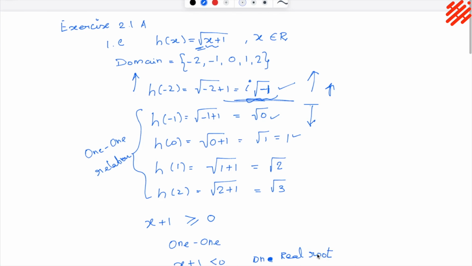So that is not under the function. Whenever the x plus 1 term is greater than or equal to 0, the term obeys the rules of the function and it is a one-to-one relation.